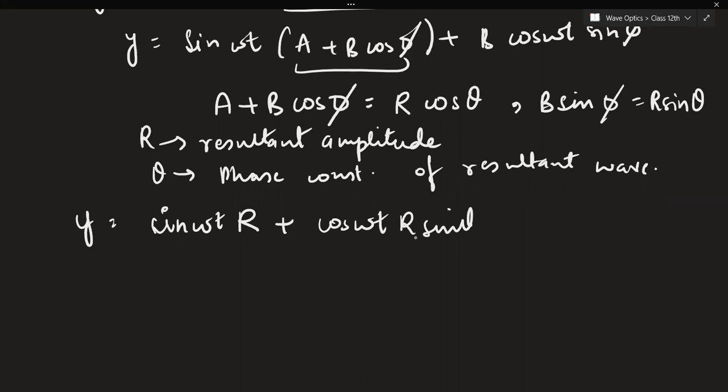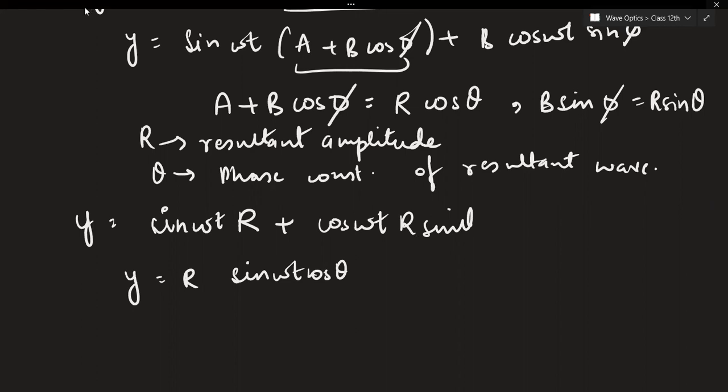Let's take R common. So here it will be sine omega t cos theta, and cos theta will also be left, since A plus B cos phi is R cos theta.